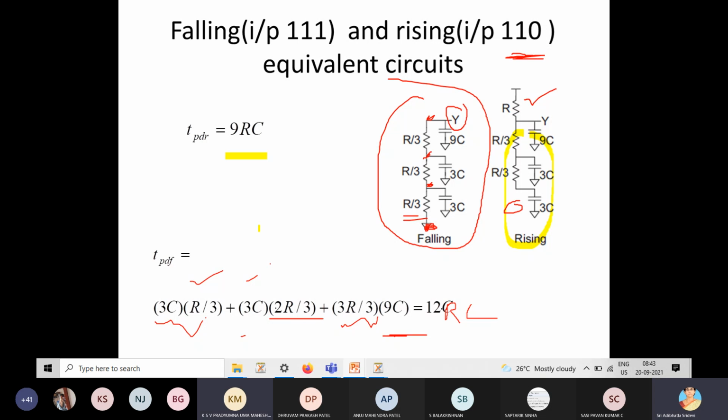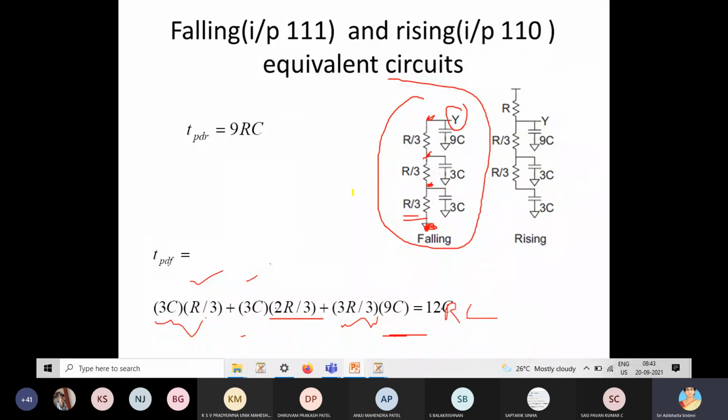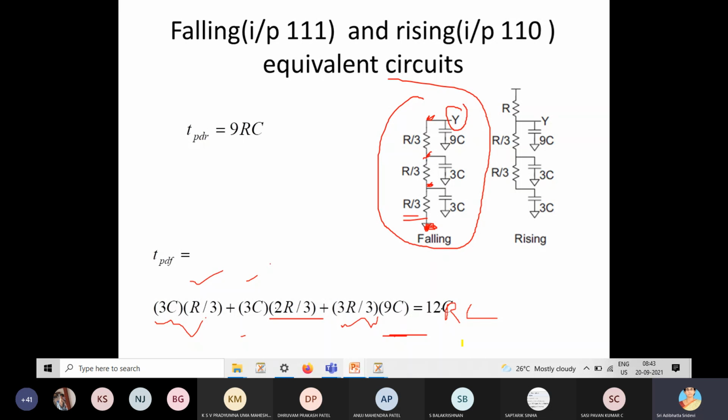So here I'm calling this the propagation delay. I have already mentioned that there is one more delay, which is the contamination delay. Contamination delay means the minimum possible delay. For the falling, I have no two options.